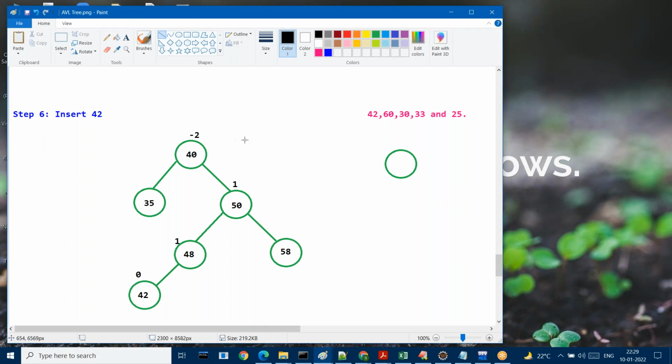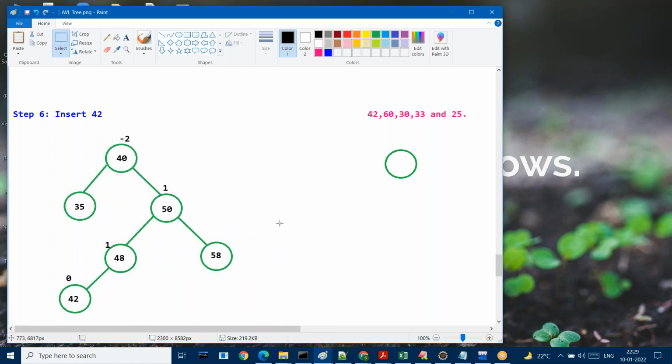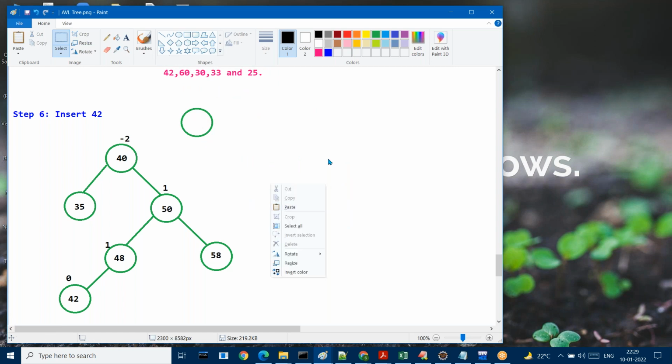Yes. Now, the problem that I'm going to face, sir, is that I have to identify the rotation. Okay. So till now, what did you identify? Pivot. Tell me who is the pivot here, guys? 40.